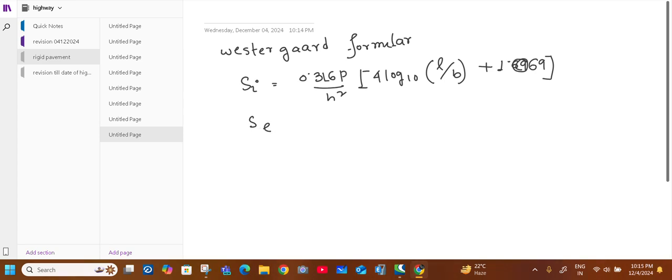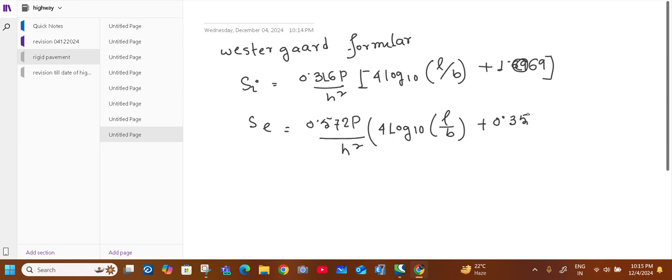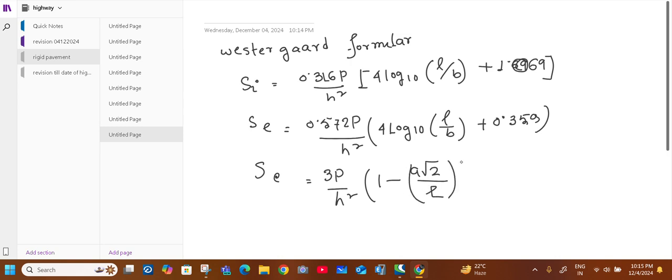At the exterior portion, 0.572 P by h square, 4 log 10 l by b plus 0.359, and corner region 3P by h square, bracket 1 minus a root 2 by l, whole to the power 0.6.